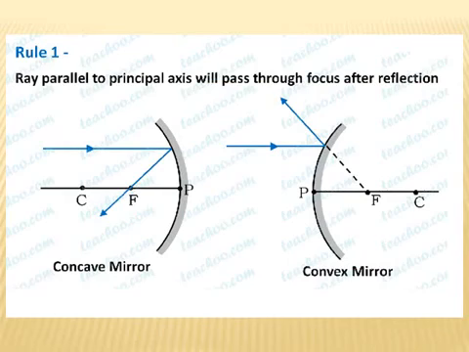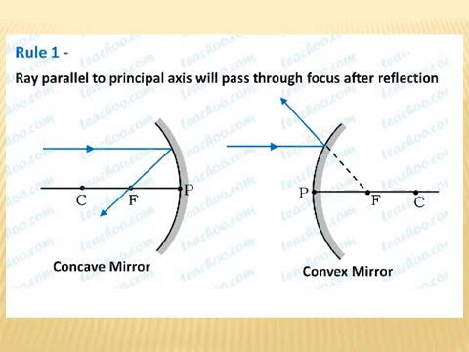This slide represents rule number 1 for drawing ray diagrams. A concave mirror is represented like this, with the inner surface as the reflecting surface, and the convex mirror on the right has the outer surface as the reflecting surface.